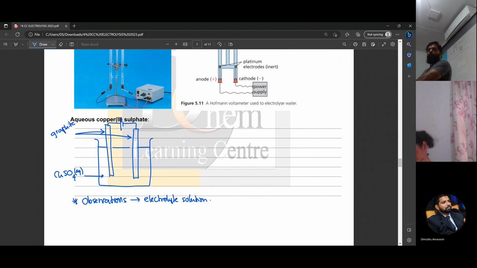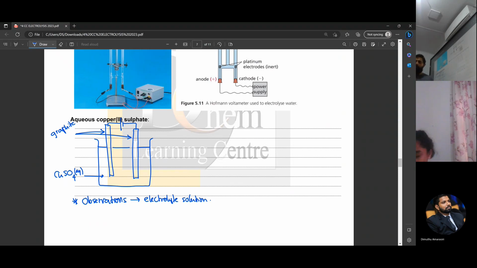You know, copper sulfate is a blue colored solution, right? Reactions clear.